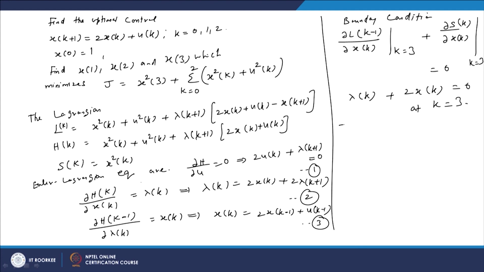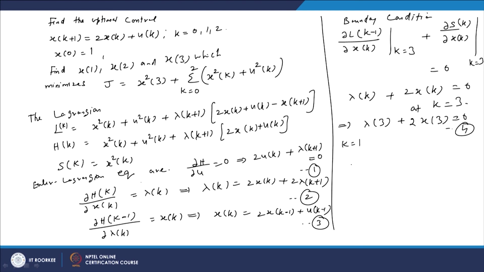So, this implies we get lambda of 3 plus 2 times x of 3 equal to 0. This is the fourth equation. So, now we can solve equations 1, 2, 3, 4, and we will get the values. So, we will write one by one. If you write k equal to 1 in all these equations, we will get a set like this.